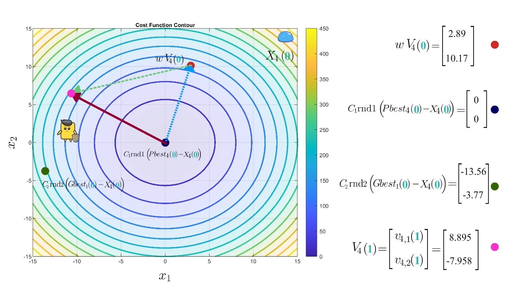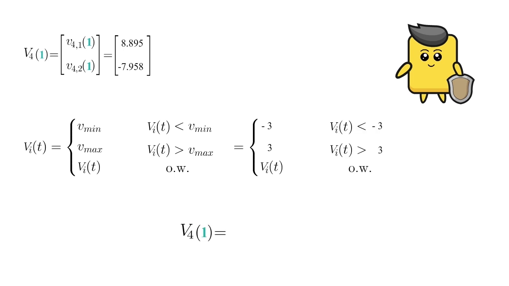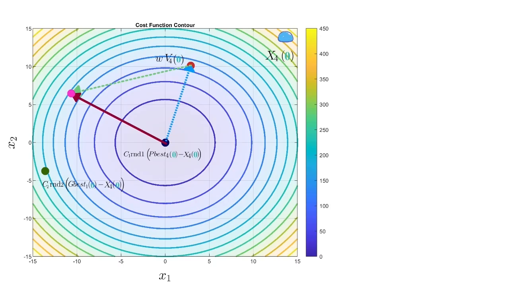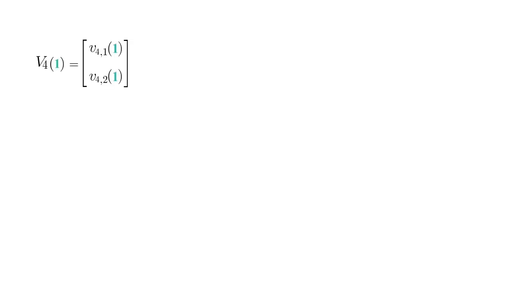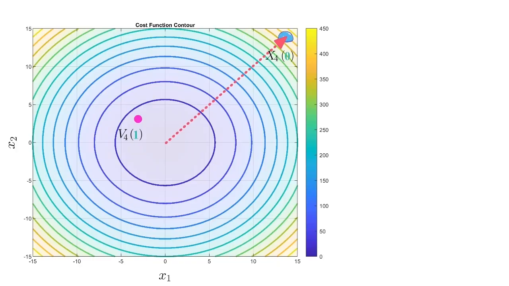The guard checks the allowed range, and again this value is outside the range of -3 to 3, requiring correction. After applying the guard limitation, the new velocity value replaces the previous one. Now with the newly updated velocity, it's time to update the position. The new position vector is equal to the previous position vector plus the updated velocity vector.